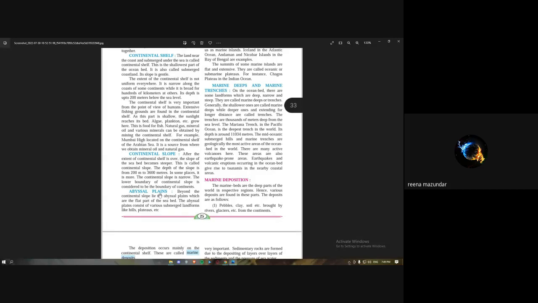This is a plain area, a level land. It is a flat part of the seabed and it consists of submerged landforms like hills and plateaus.